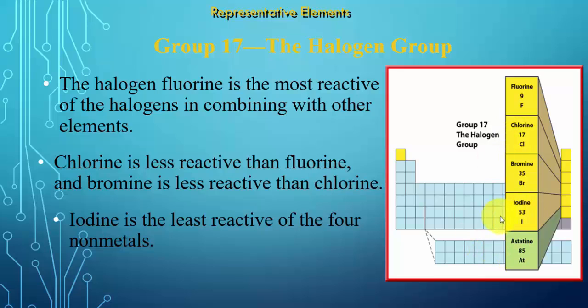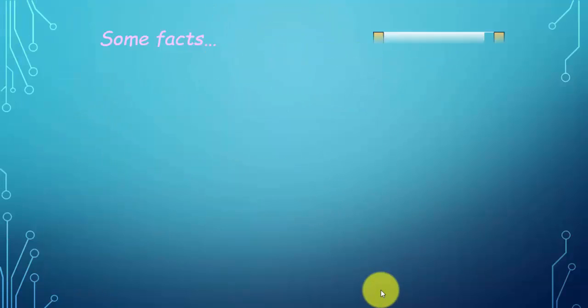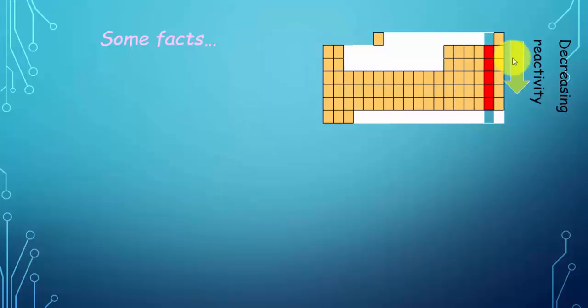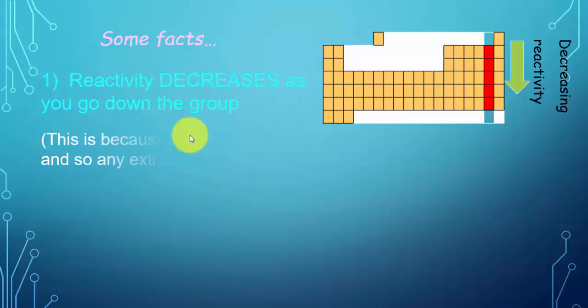Iodine is the least reactive of the four non-metals. The least reactive one among them is which? Iodine. The highest one is fluorine. Gradation from up to down, what happens? Decrease. Some facts: reactivity decreases from up to down. Reactivity decreases as you go down the group.